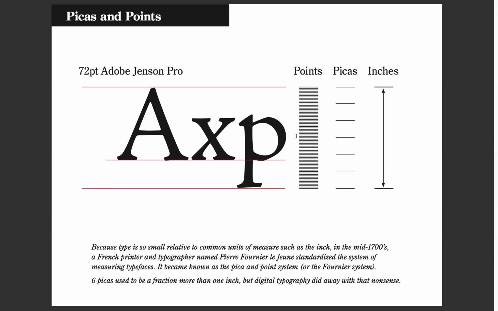Just as an aside, back before we had computers on our desktop, a pica was actually not exactly an inch. It was like an inch and a tiny fraction. But when computers came in and they started doing all this design on desktops, the makers of the digital programs said, this is ridiculous. Why isn't this a solid inch? And then they just adjusted everything.